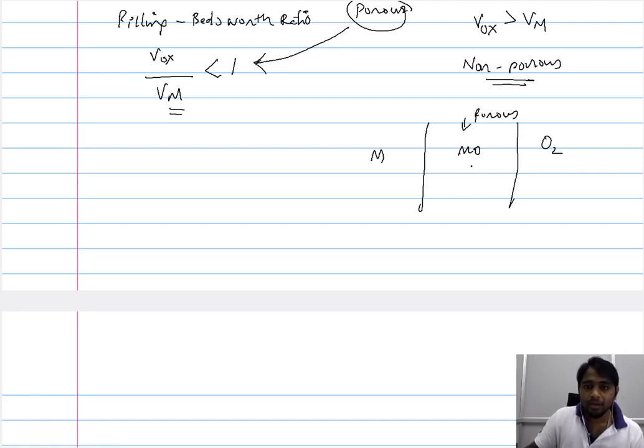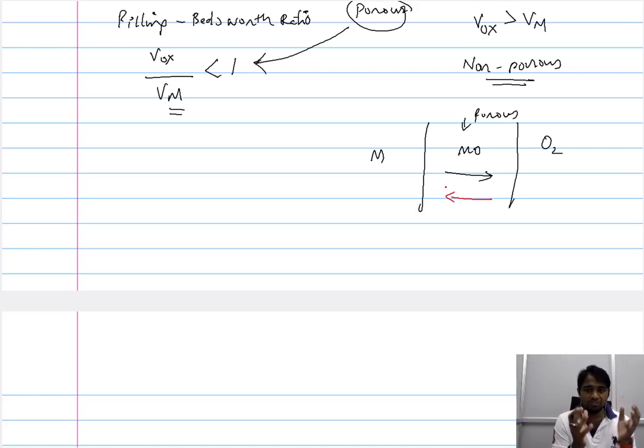Now in the porous metal oxide, the ions are propagating at a very high rate because of the nature of the MO, or it could also be some other principle. Maybe the diffusivities of the moving ions are higher, so that could also lead to such a consideration wherein the mobility of the ions within the metal oxide is higher.